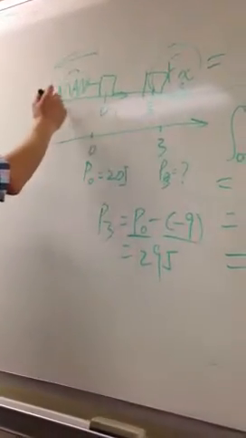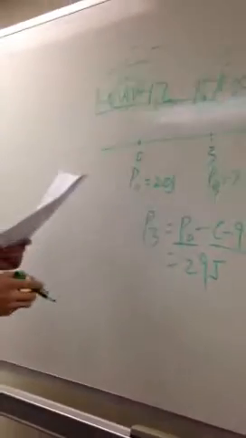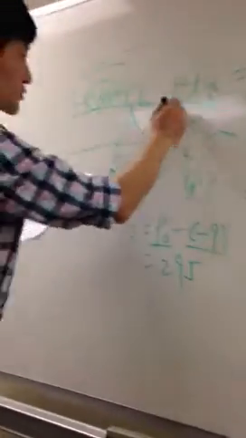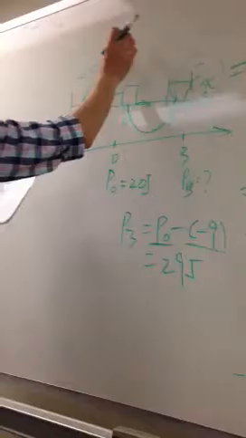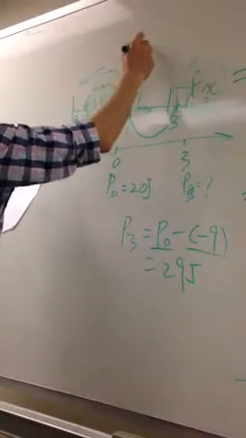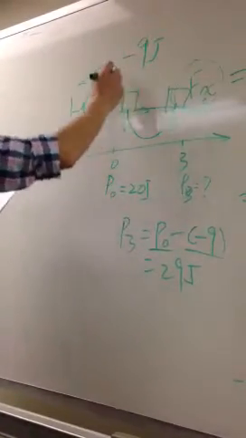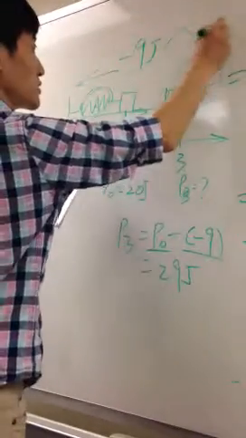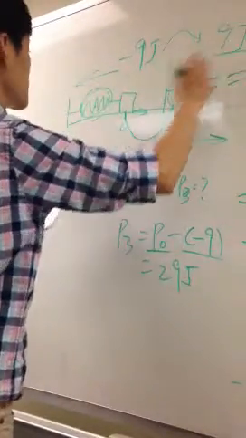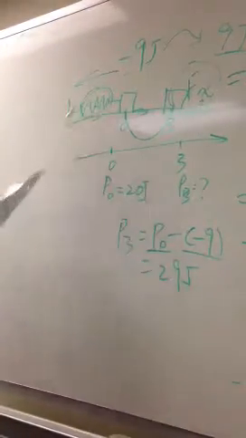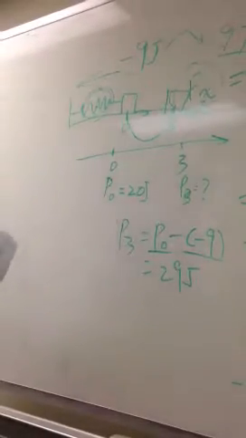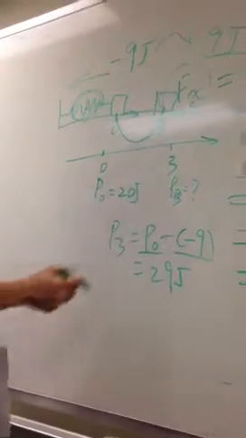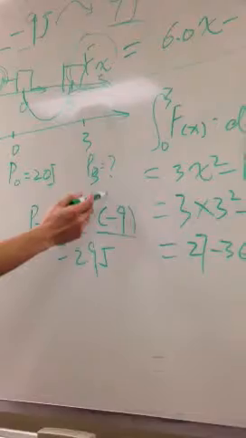But the work it did is negative, right? If it moved from here to here. But this negative work, for example negative 9, will convert into 9 in the potential energy, right? So that's the difference.